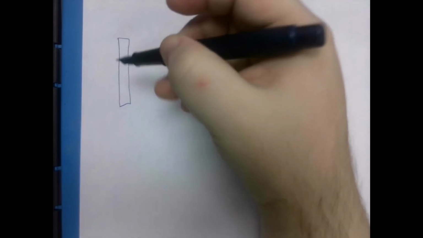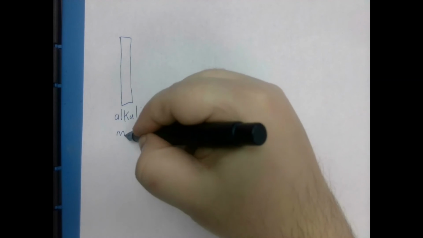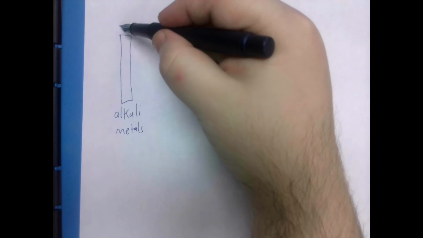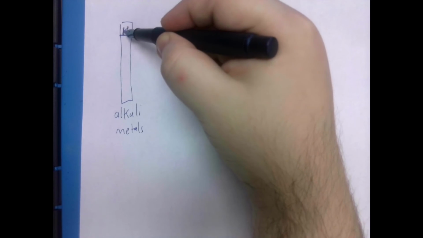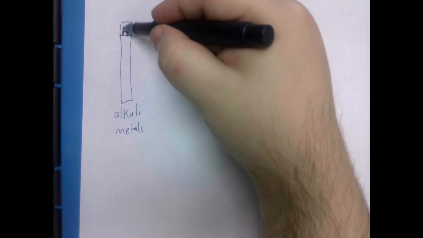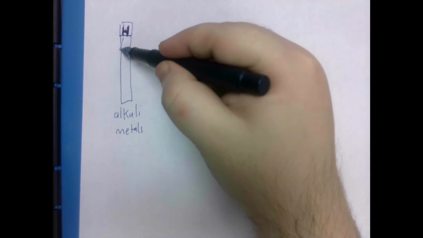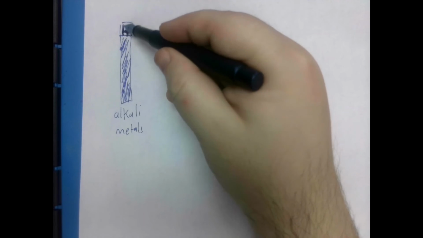So I told you that this is group 1, alkali metals. Why do I put hydrogen with them? Why do I put them in the same group? These are the alkali metals. Why do I put hydrogen in the same group with them? Does hydrogen react like potassium?